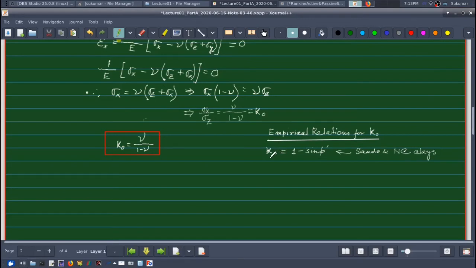K0 is given by 1 minus sine phi dash. Then there are other relations, like this is by Jaky. Let me write down.